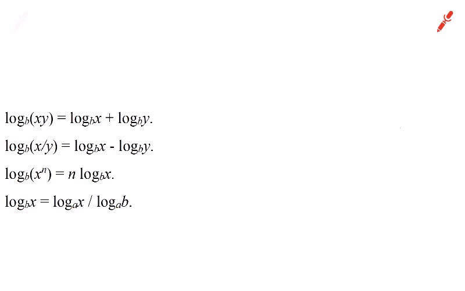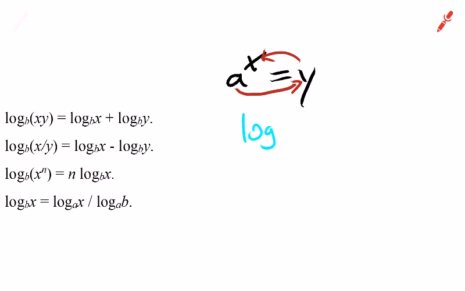Second, we need to look at logs in general, what they are, what they're useful for, I guess. If you have a to the x equals y, and you want to express this as a logarithm, it's the log base a of y is equal to x. You see it kind of goes in a circle there.